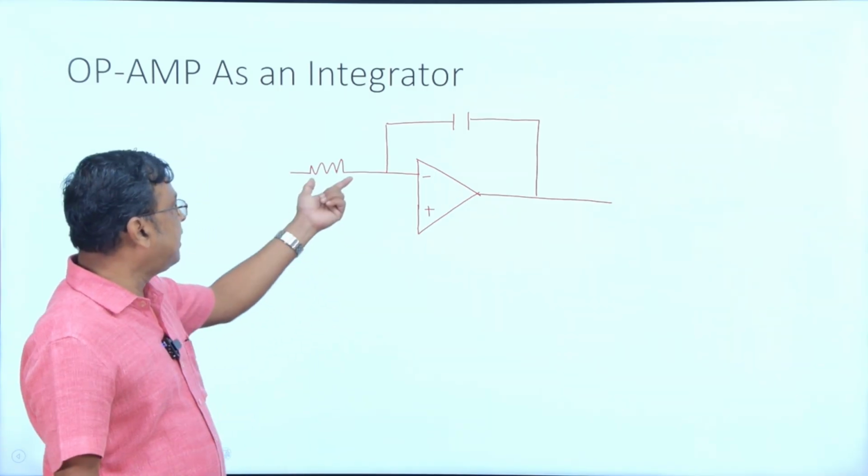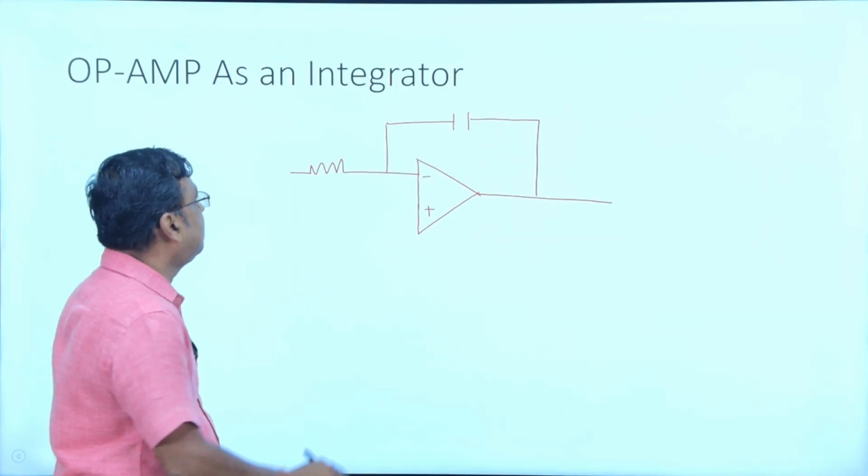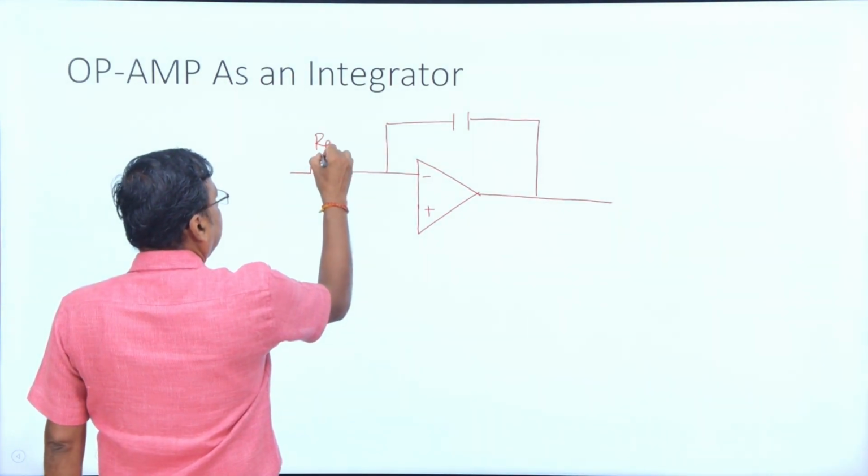In a differentiator there is a capacitor at the input, but in an integrator there is a capacitor in the feedback path. Otherwise all are the same.